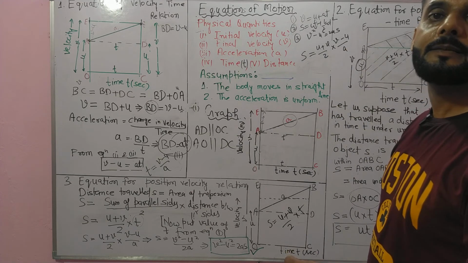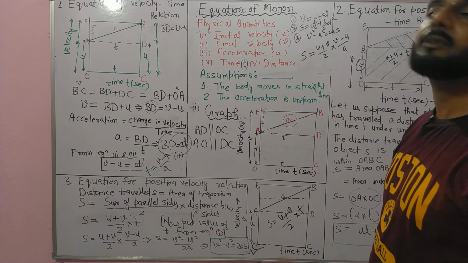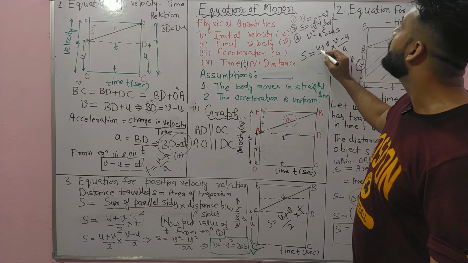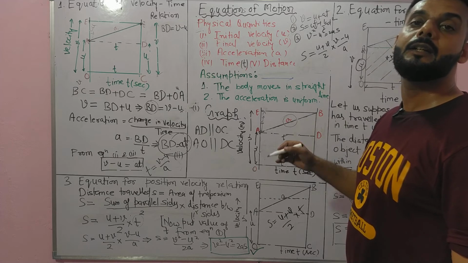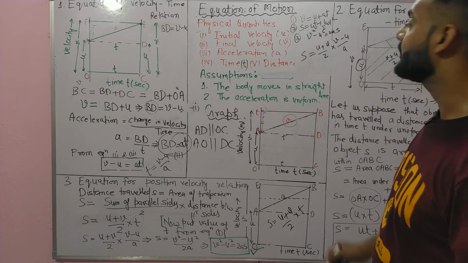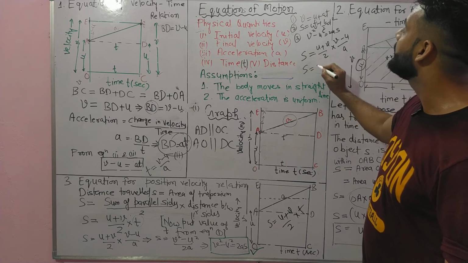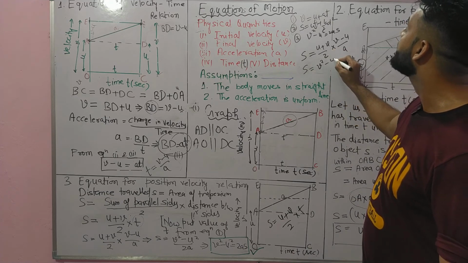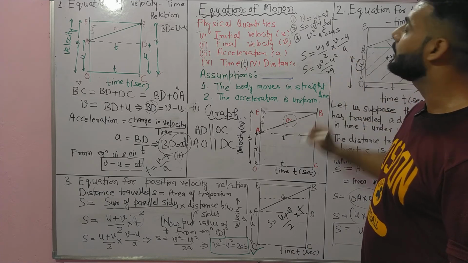It is a simple mathematical multiplication. Now we know that A plus B into A minus B is A square minus B square. So we will have S is equal to V square minus U square upon 2A.